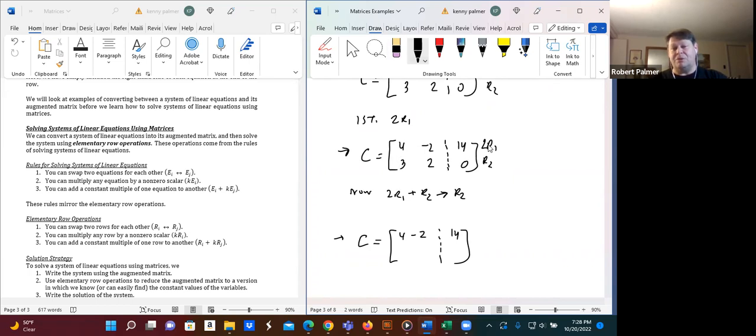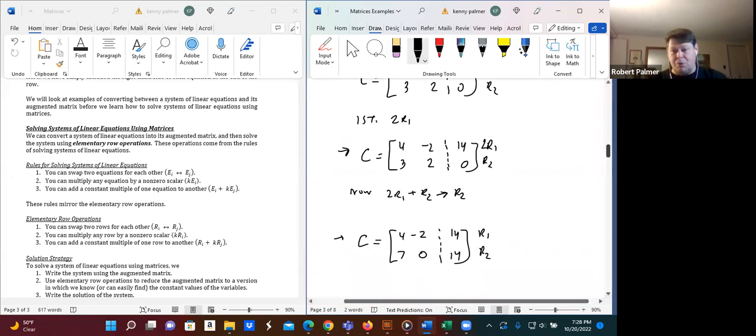Okay. So this is now 2 row 1 plus row 2. So 4 plus 3 is 7. -2 and 2 is actually 0. Then 14 and 0 is 14. And now this will become my new row 1 and my new row 2. And then I'll do some other operation from this point.